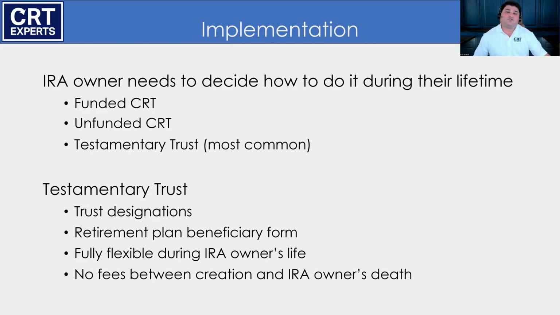We can also use an unfunded CRT. We don't see this often because of the third option that we'll hit on, but we can create a CRT now and fund it nominally. So these are qualified trusts as far as state statutes, but under federal statutes, there's not a requirement for administration. And that makes this doable.